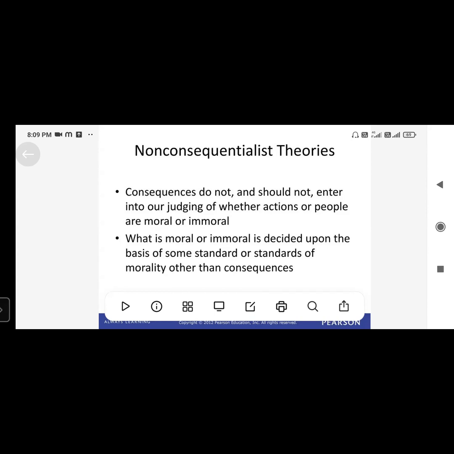If the consequences are going to affect the organization or the employees, then those decisions related to business ethics should not be taken, or some correction should be made so that the consequences will be favorable and not unfavorable. So that is the basic difference between the consequential theory and the non-consequential theory.